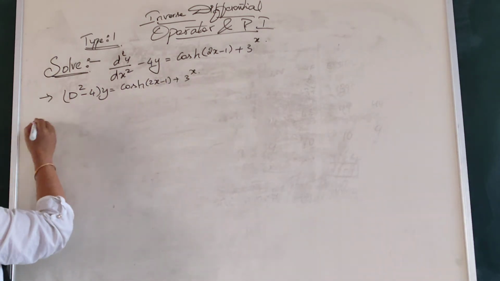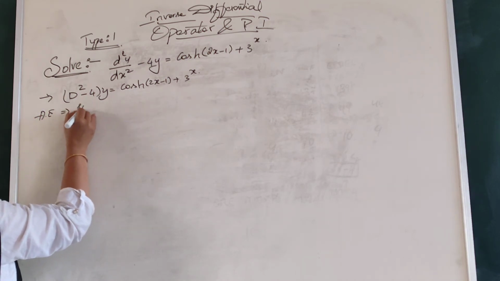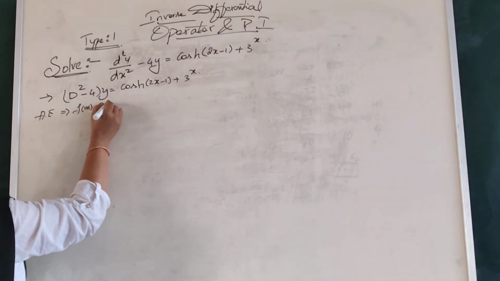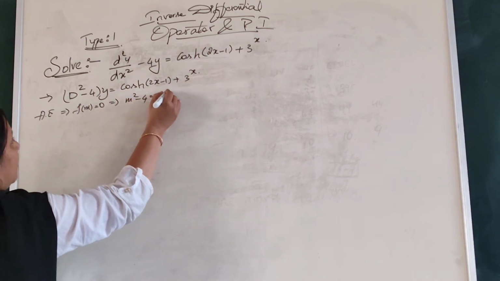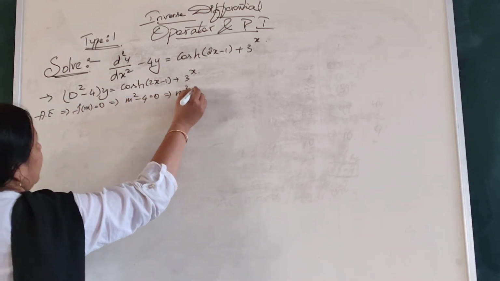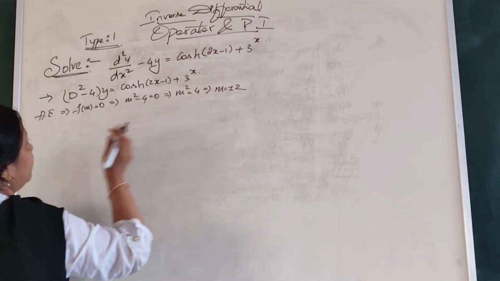Okay, consider the auxiliary equation that is given by f of m equals 0, which implies m square minus 4 equal to 0, so m square equal to 4 and hence m equal to plus minus 2.